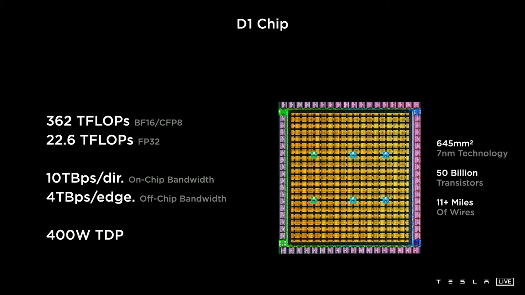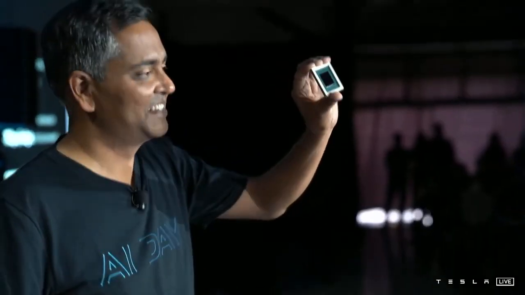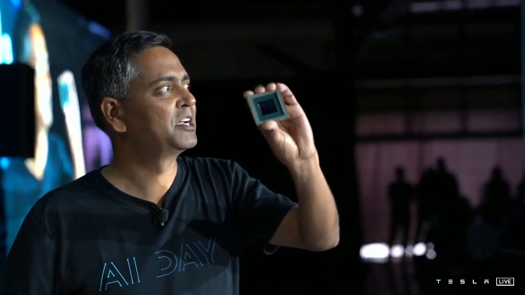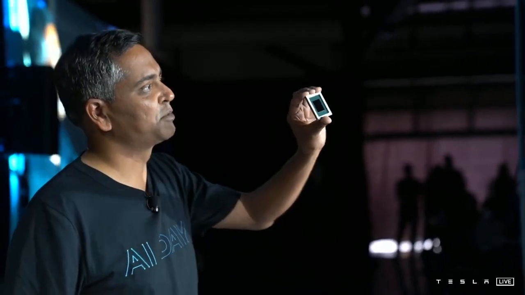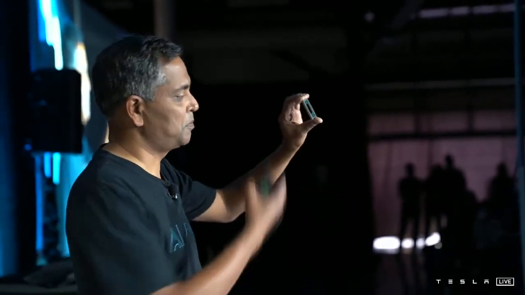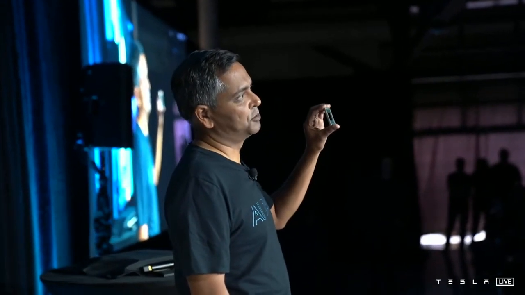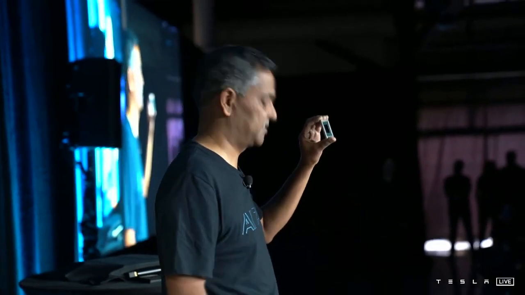And this is the D1 chip in a flip chip BGA package. This was entirely designed by Tesla team internally, all the way from the architecture to GDS out and package. This chip is like a GPU level compute with a CPU level flexibility and twice the network chip level I/O bandwidth.